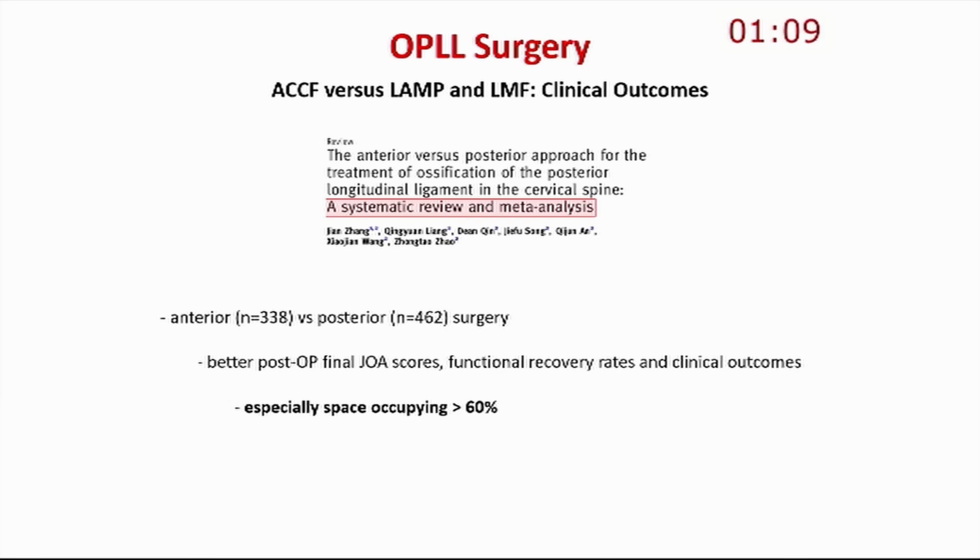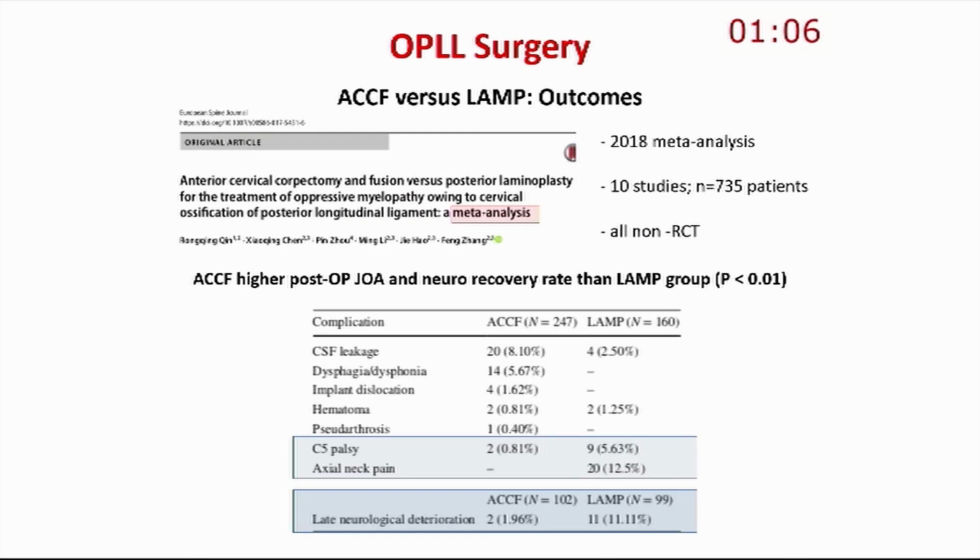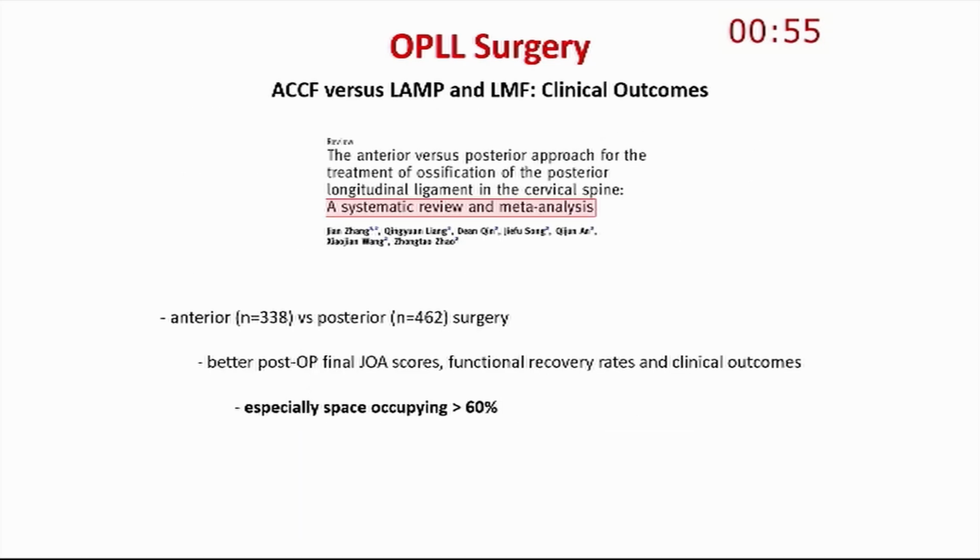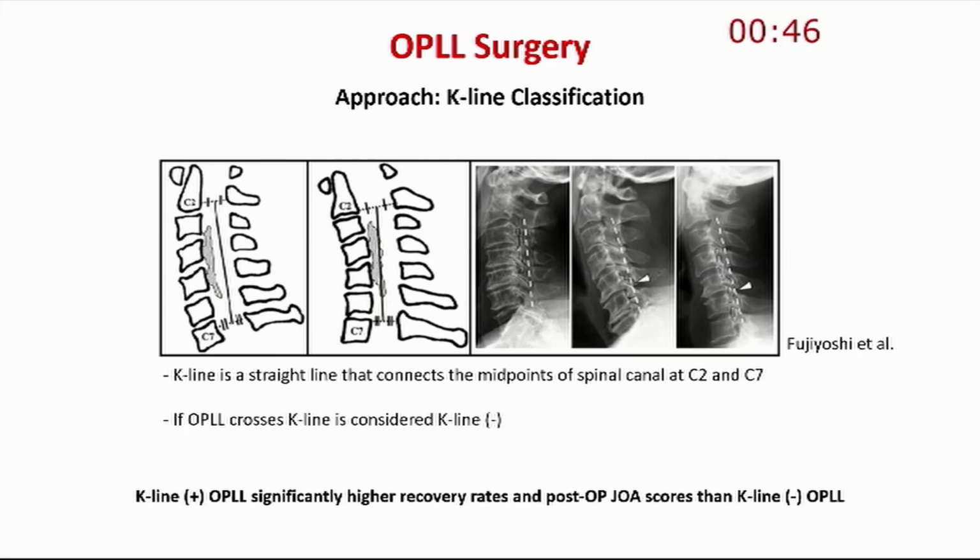This systematic review, this meta-analysis, showed that anterior corpectomy had higher postoperative JOA recovery than laminoplasty. Better final post-op JOA scores and functional recovery with anterior surgery, especially if you have a high occupancy rate in the canal. Look also at the K-line. If the K-line is positive, there is a significantly higher recovery rate compared to negative K-lines.